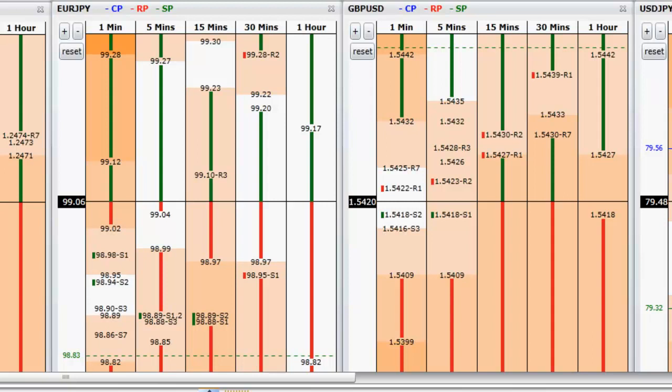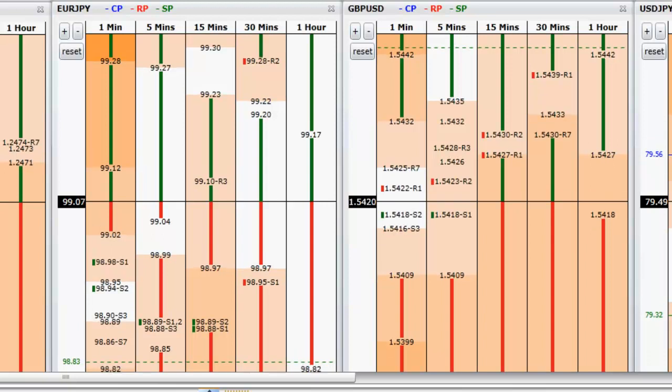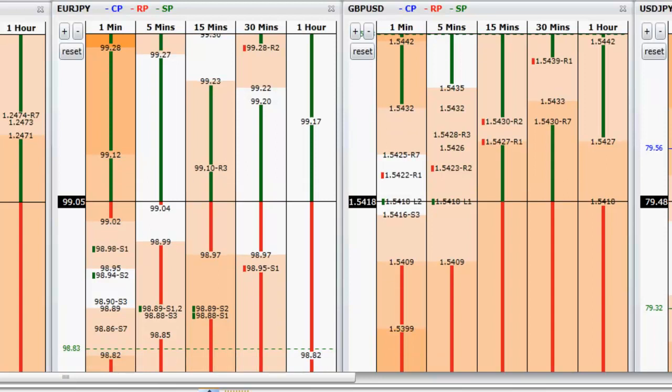So risking 7 on Kiwi to make 20 is a good risk reward. I wouldn't take any. I don't suggest you take 7 on Kiwi. You have to take at least 10 because of what our strategy is.